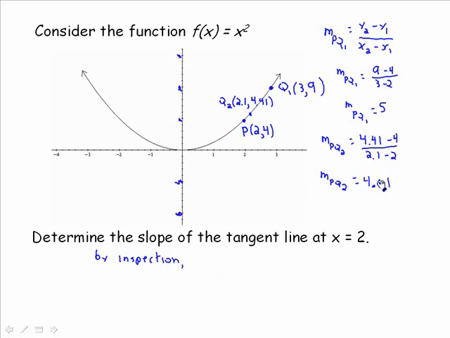By inspection, the slope appears to be 4. So you could try it. If you went x is equal to 2.01, you would in fact find, if you calculate the slope, you get 4.01. And so on like that. It would get closer and closer and closer to 4.